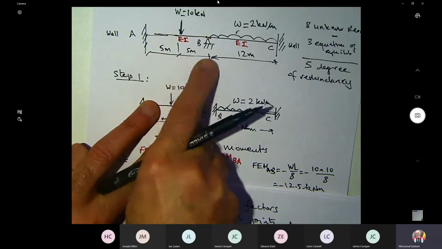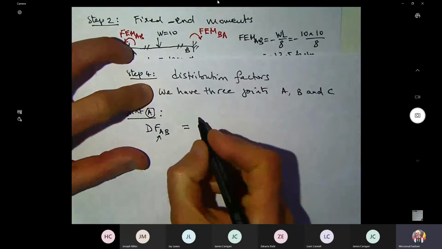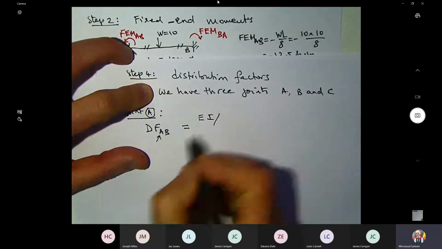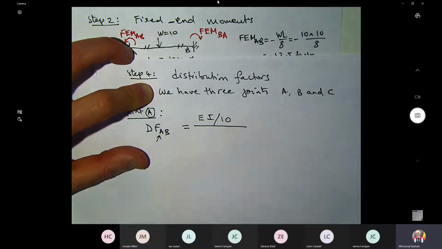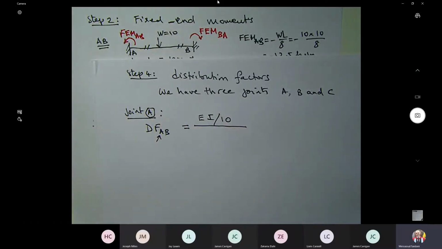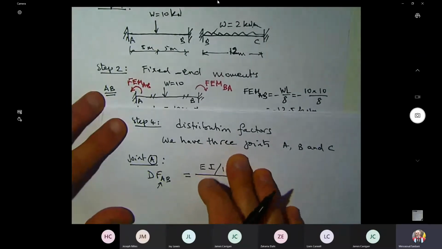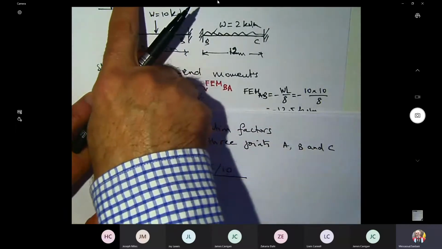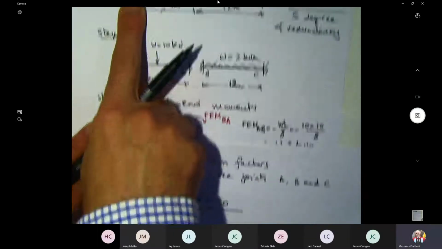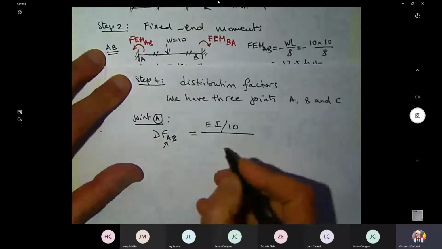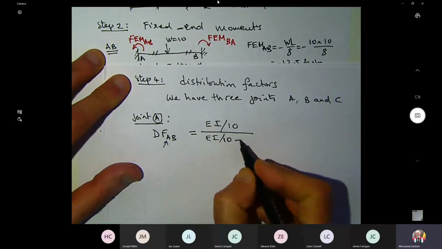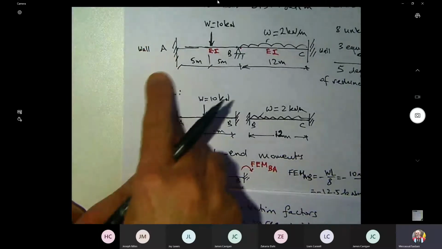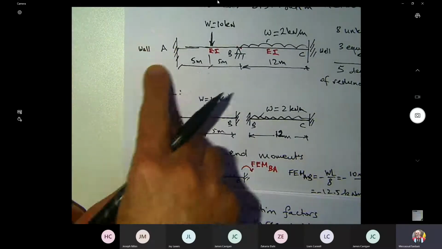EI over the span, in this case, 10, divided by the stiffness of all members connected to A. Connected to A, we have only one member, so therefore it's EI over 10 plus the stiffness of whatever is here.